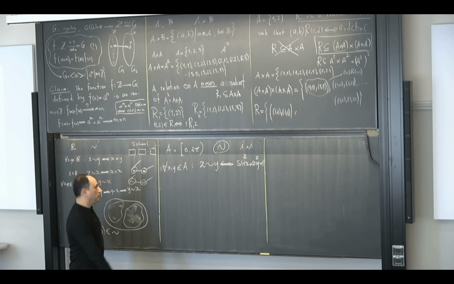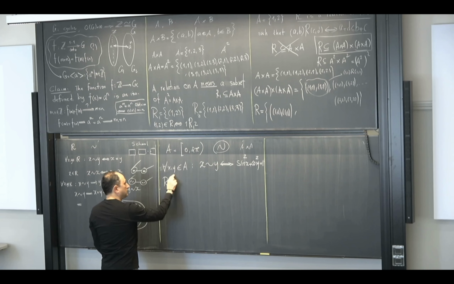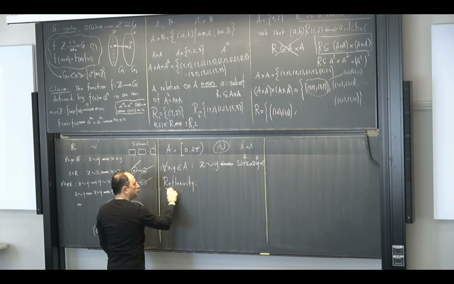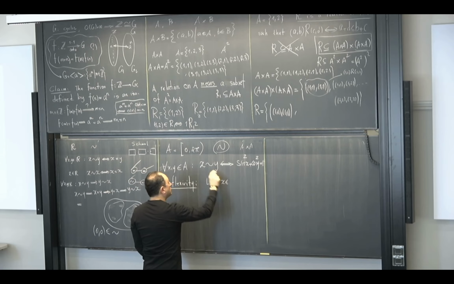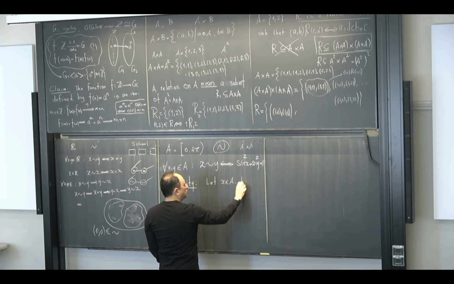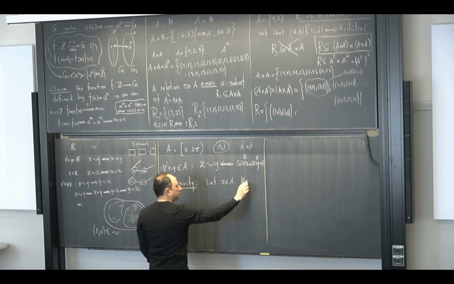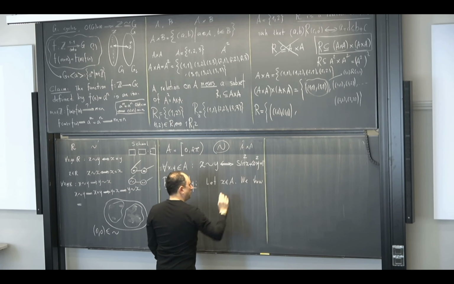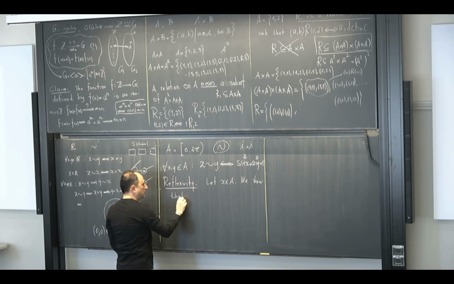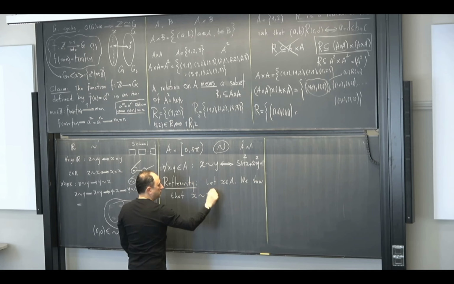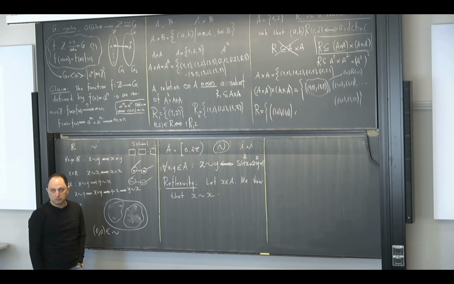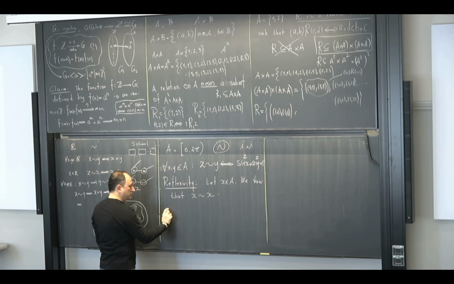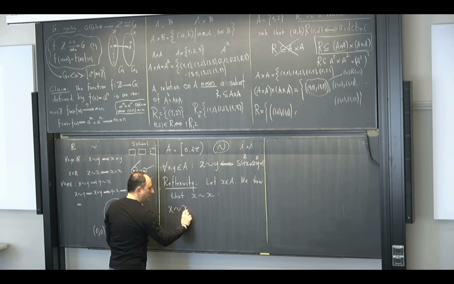Okay, so reflexivity. How should I prove the reflexivity? I would say let X belong to A. We show that X is in relation with itself. This is a very good way of writing. How can I translate this?